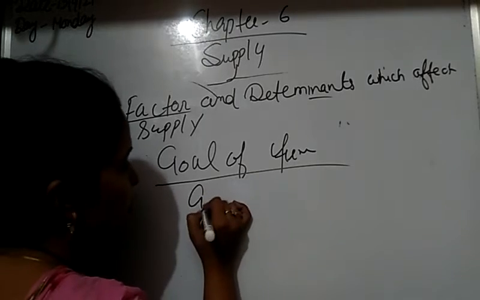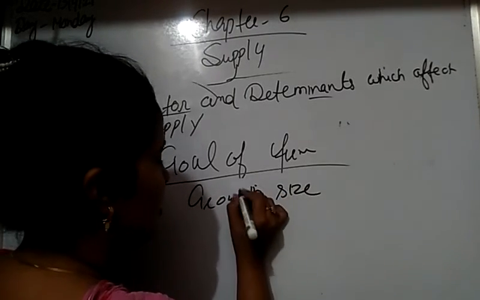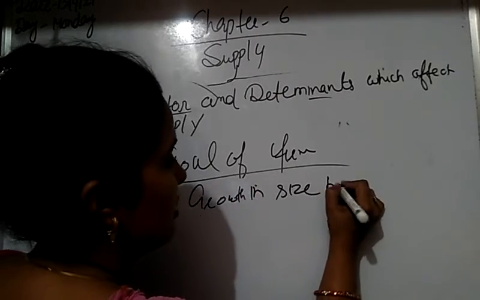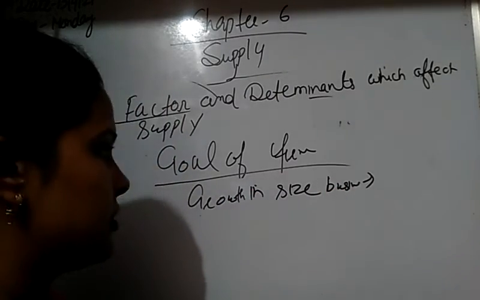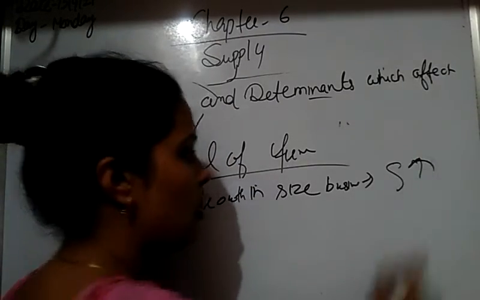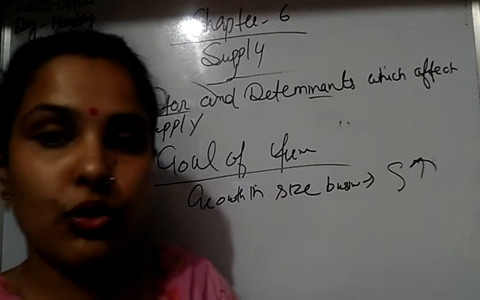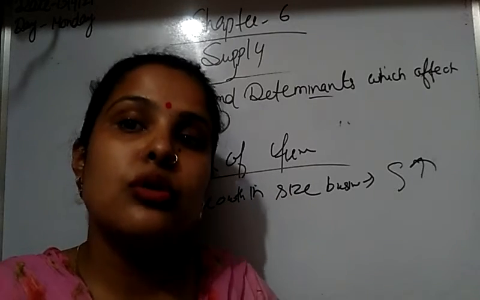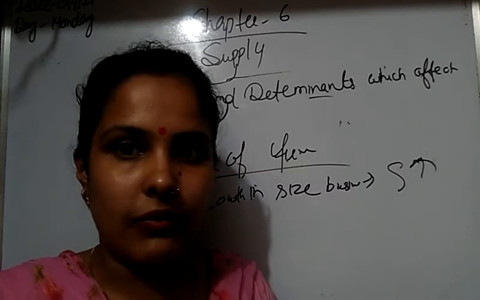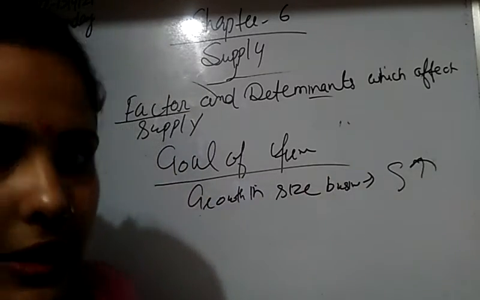If they want growth in the size of the business, their supply increases. Why? Because when they want to increase the size of the business, they produce more products and supply them in the market, so the supply of the product increases.